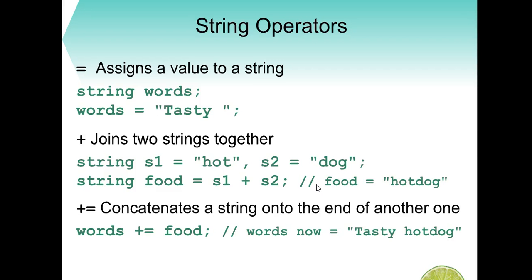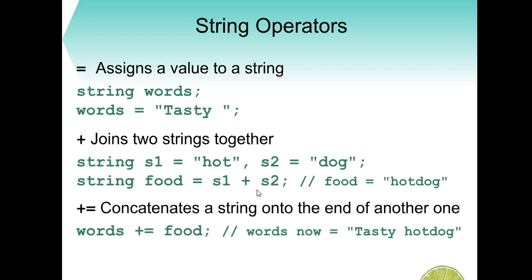When you work with strings, you assign values to strings using the assignment operator. I declare words to be a string, and then I can assign words any string. I can use a plus to concatenate strings within an assignment. This would be similar, for those of you that are used to Java, to concatenating your output in Java.